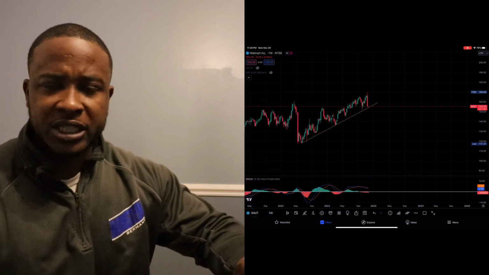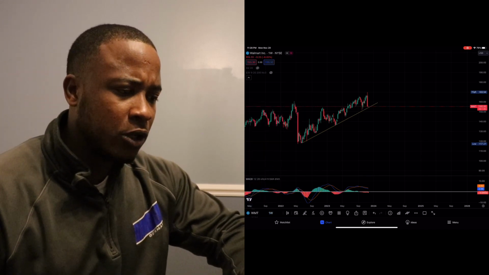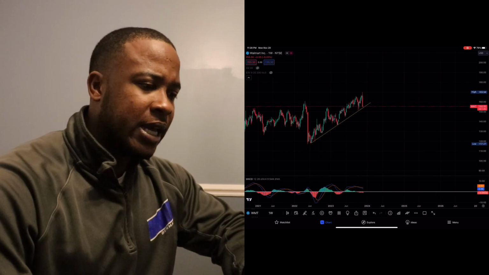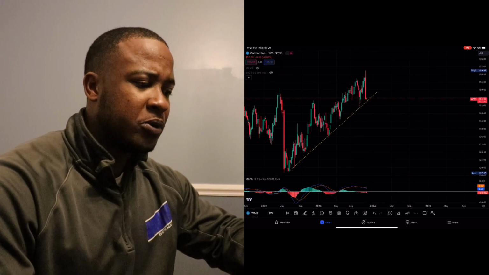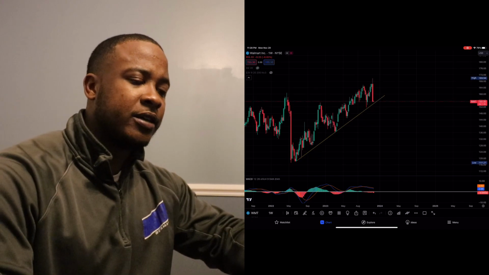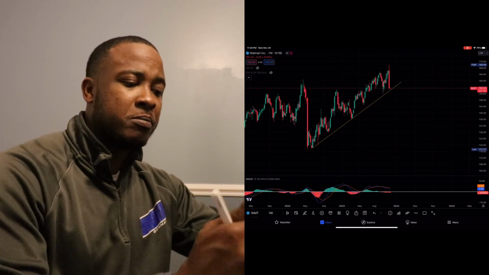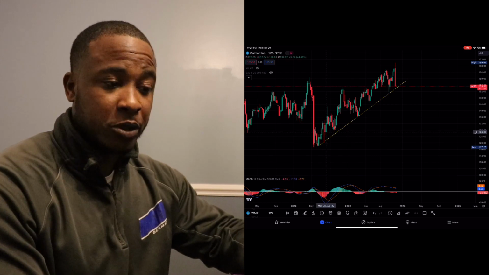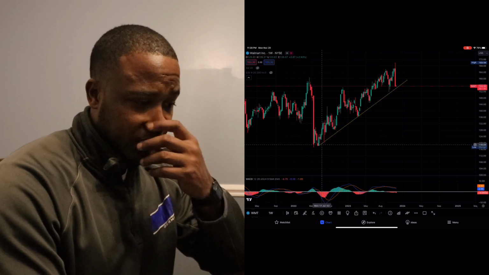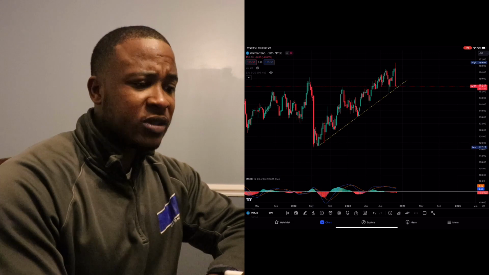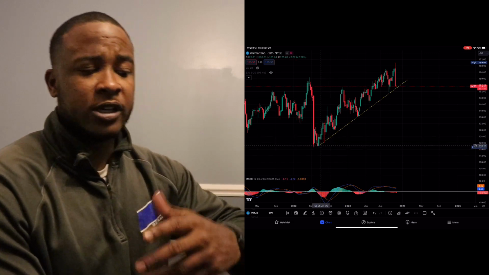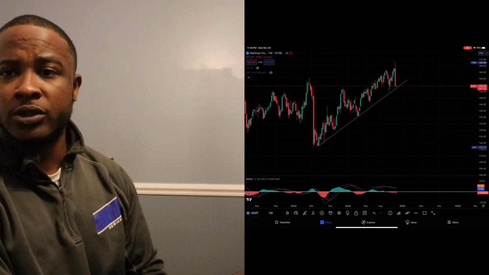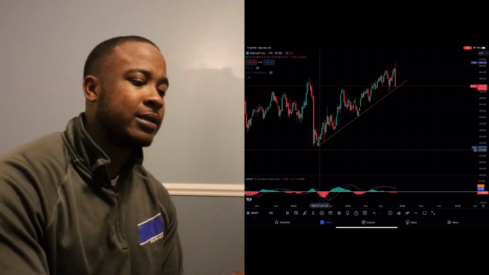Sometimes it could slightly shift your lines a little bit, and some people create their trend lines from the bottom of a wick or at the actual closing price. I make my trend lines from the bottom wick, and you're connecting lower lows to lower lows, higher highs to higher highs.